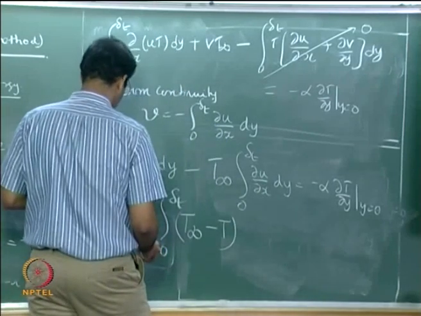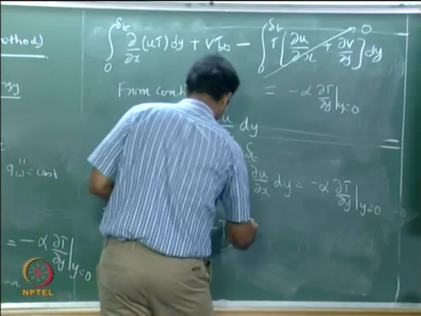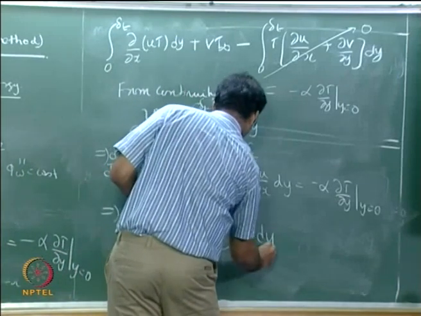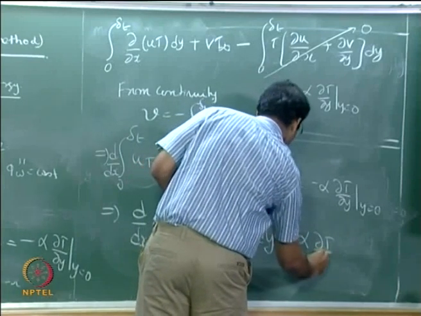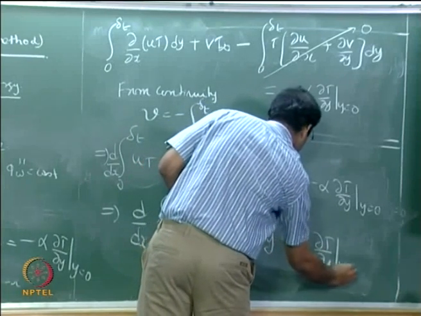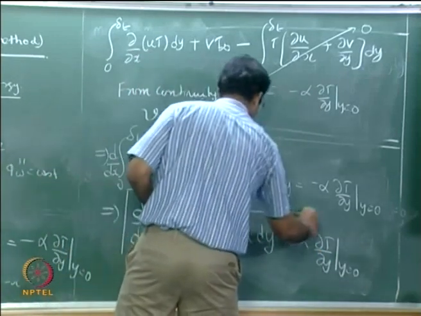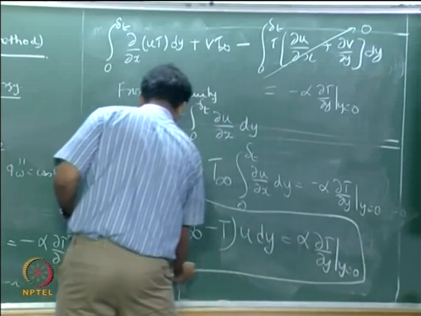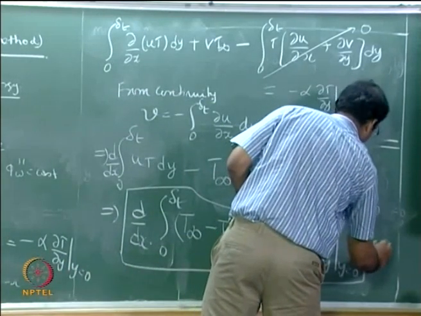I can write this as u dy. This is equal to alpha dT by dy at y equal to 0. Okay, so this is my final form. This is the energy integral equation.